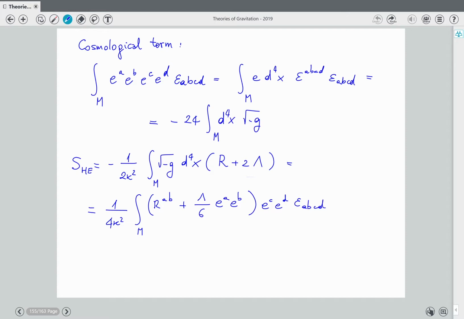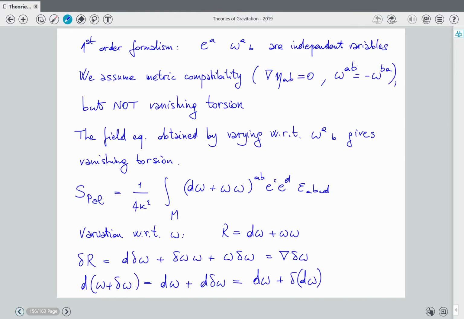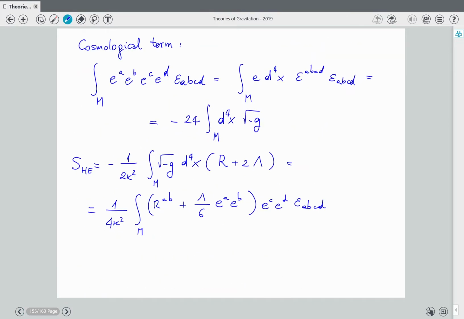Some covariant derivatives of the Riemann tensor give nothing new thanks to the Bianchi identities, but some others do give something new. So, for example, you can build R squared, box R, R box R.